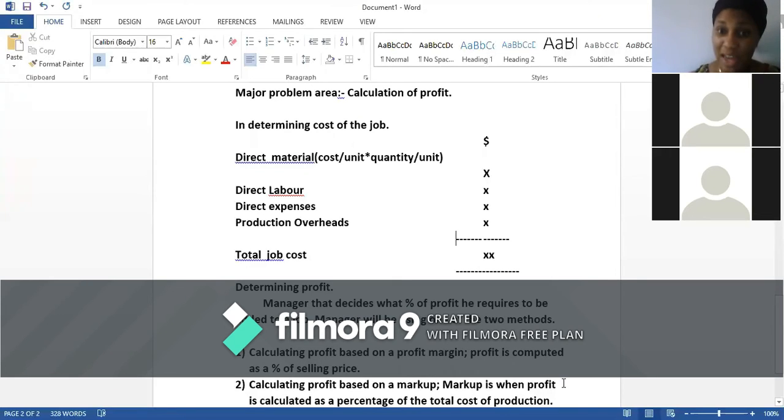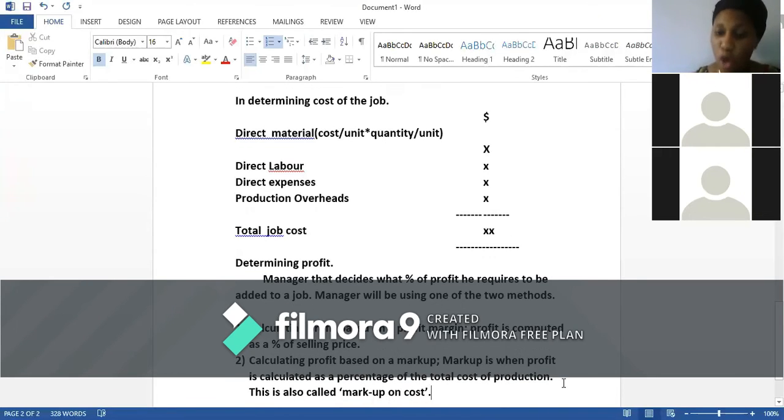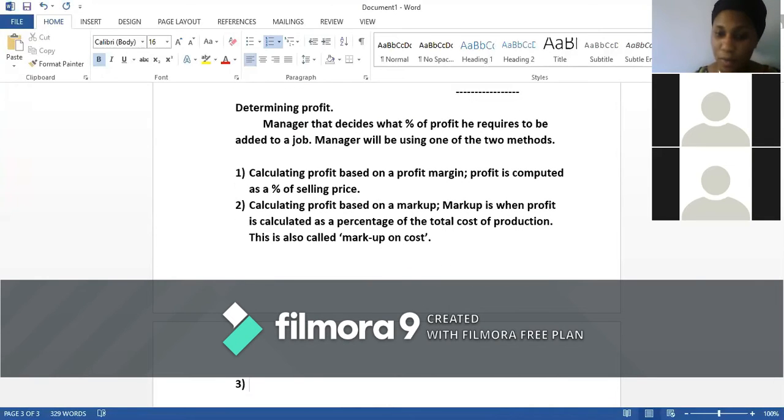So when we are dealing with profit markup, or markup on cost, we have the idea that our total cost is 100%, profit is whatever percentage has been decided, and the selling price is 100% plus the percentage of the profit.